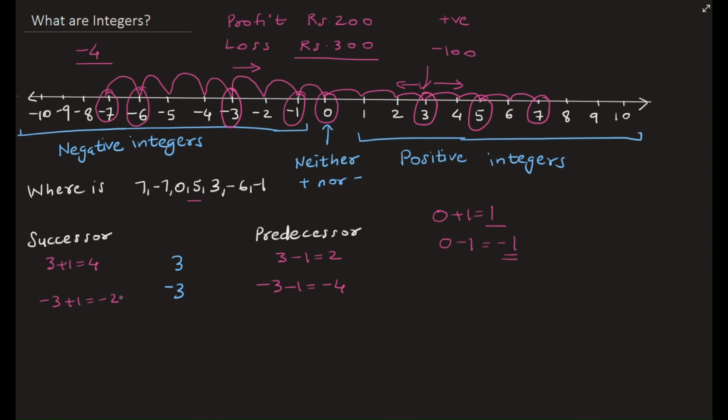Now let me compare integers. A number is greater than its predecessor and less than its successor. For positive integers, as we keep moving to the right, the numbers to the right are greater than numbers to the left. Even for negative integers, as you keep moving towards the left on the number line, the value of the numbers reduces.